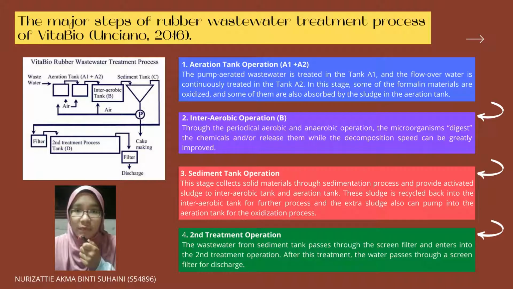Then, the wastewater from the sediment tank passes through the screen filter and enters the second treatment operation. By controlling the amount of oxygen supply, the tank can be in the mode of aerobic and anaerobic operation sequentially. After this treatment, the water passes through a screen filter for discharge.